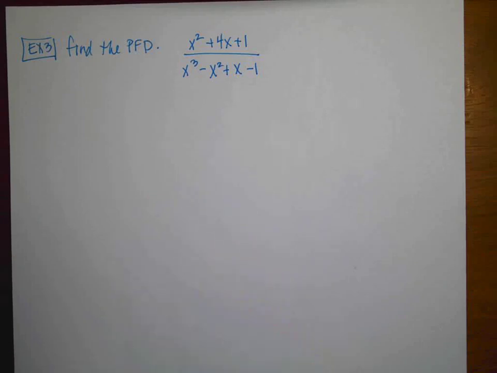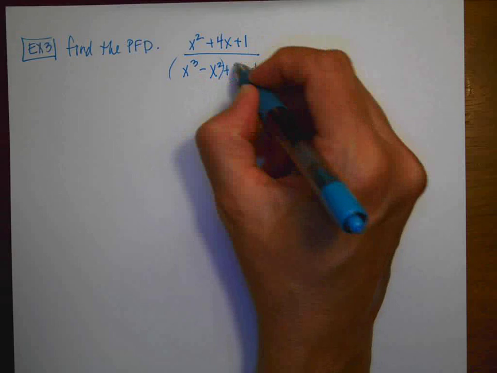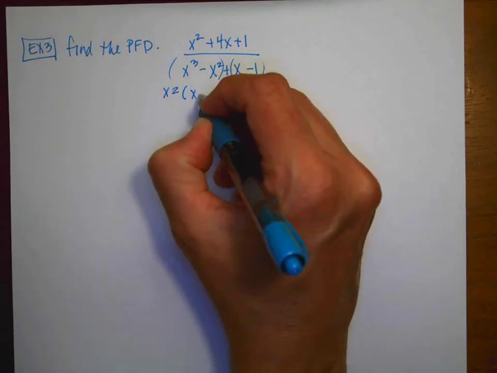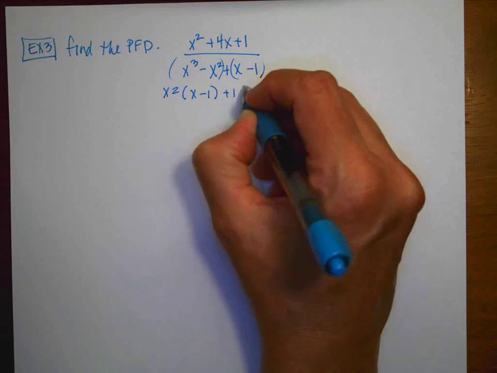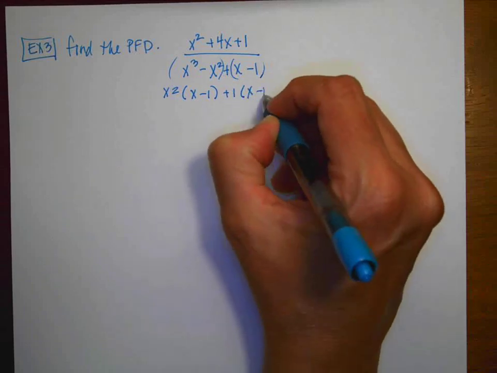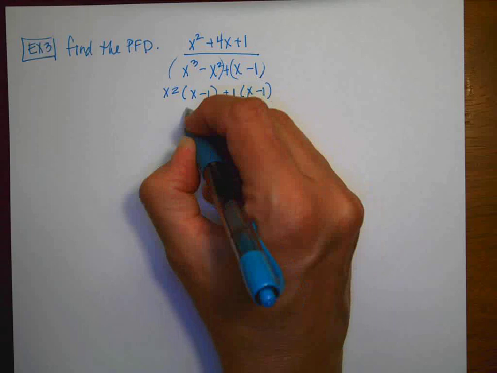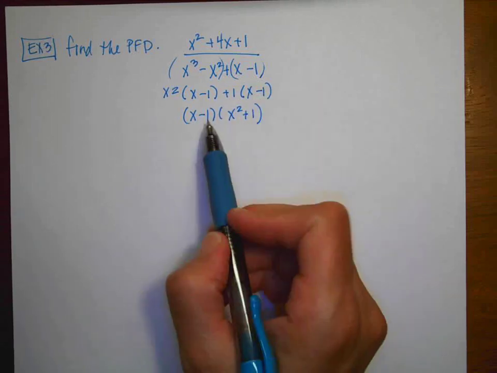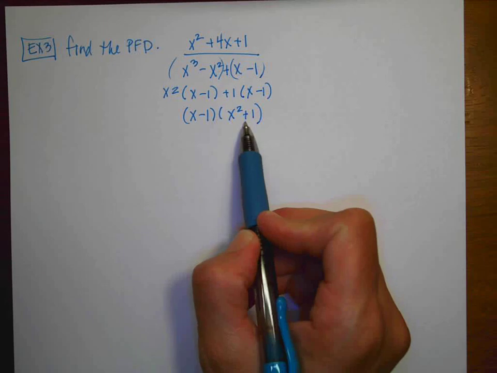So this one is a little bit different because of the way the factors are going to turn out. So I'm going to start by factoring by grouping. These two have an x squared in common, and I get x minus 1. There's the 1, and then I have x minus 1. Now they have an x minus 1 in common, and I get x squared plus 1.